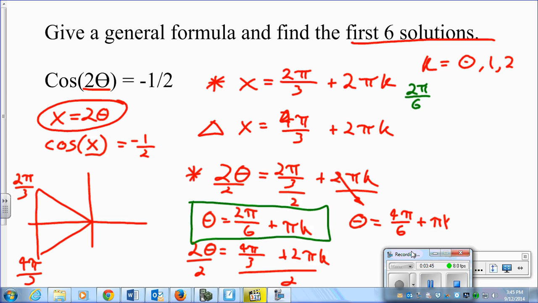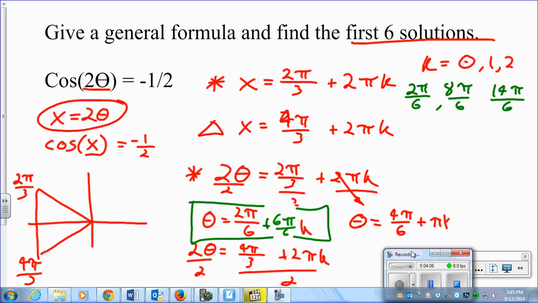If it helps, I'm going to write this as plus 6 pi over 6, so you get a common denominator. So this is going to be 8 pi over 6. And then add 6 more, and I get 14 pi over 6.